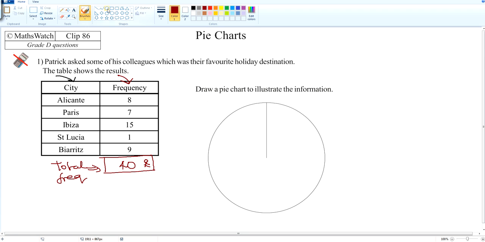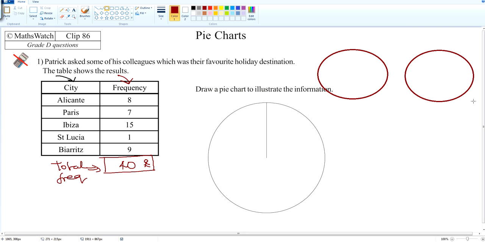So this is how I would like you to think about it. Let's have a look if I can demonstrate it this way. So what we need to do here, we have 40 people in the pie chart, in this circle.